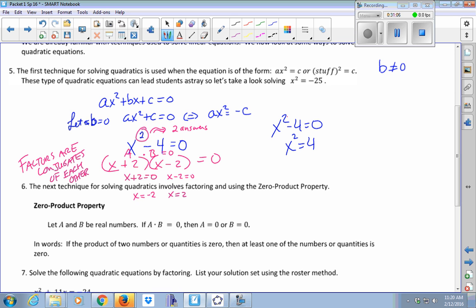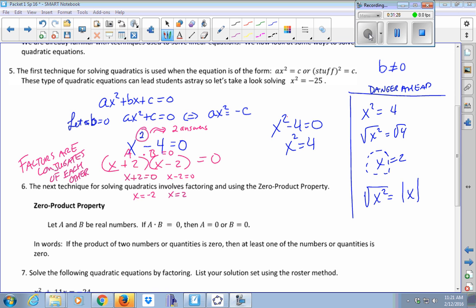Here's the danger. This is what I see: danger ahead. I try to be humorous. Here's a step that teachers have left out and students haven't done for years. x can be a positive number inside that radicand that's being squared, or it could be a negative number.